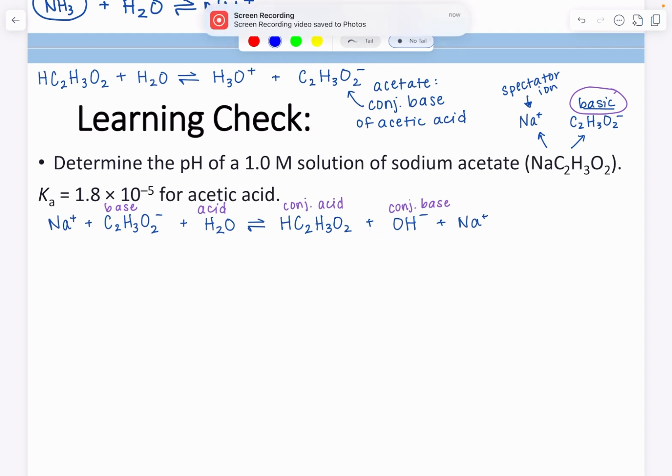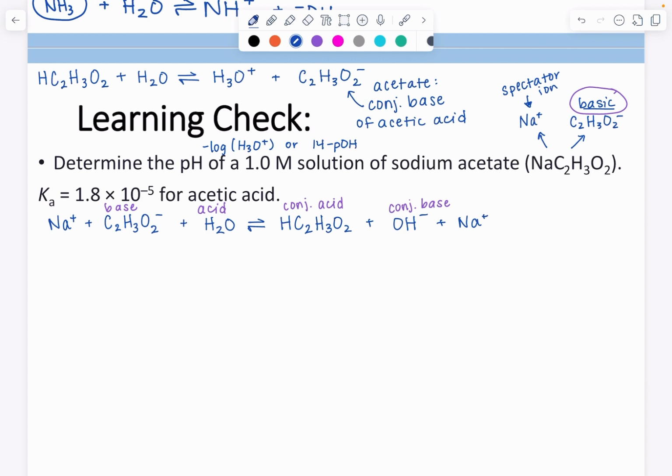Now that we have the equilibrium reaction written out, we need to determine the equilibrium concentration of hydroxide so we can find the pH of the solution. Remember, pH will eventually be the negative log of H3O plus, or we could do 14 minus pOH to calculate the pH. This is a weak base that's getting added to solution, so we have to find equilibrium concentrations.